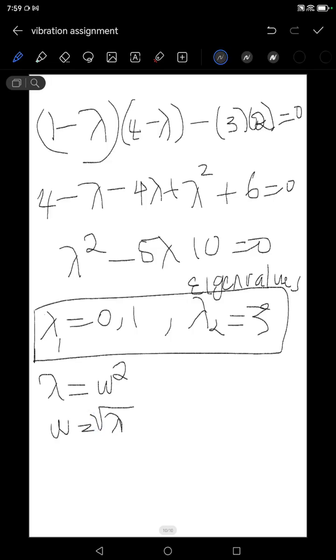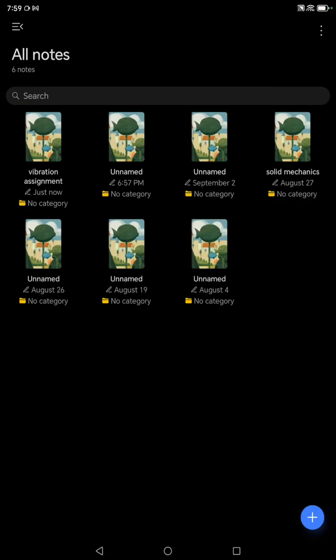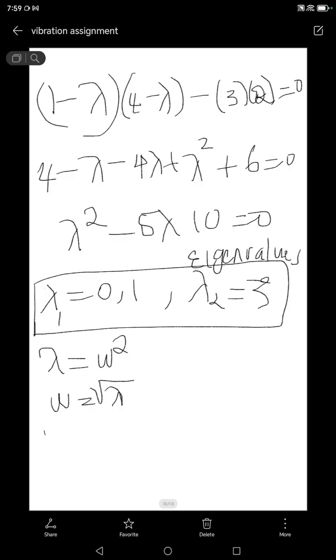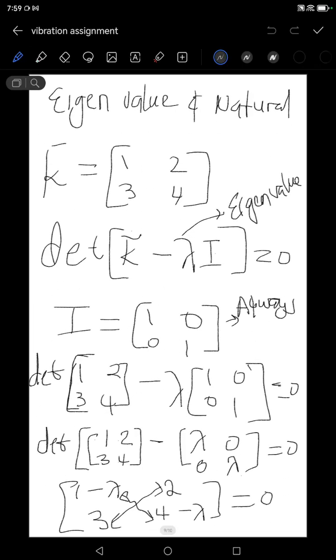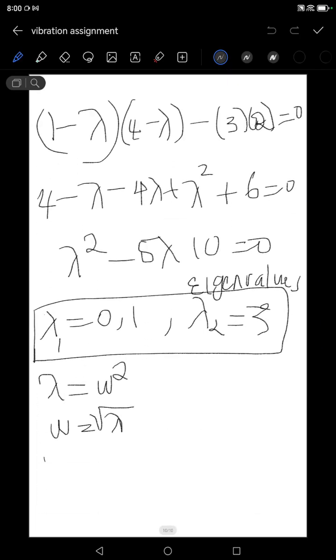So our natural frequency 1 is going to be the square root of eigenvalue 1, and then our natural frequency 2 is going to be the square root of eigenvalue 2.